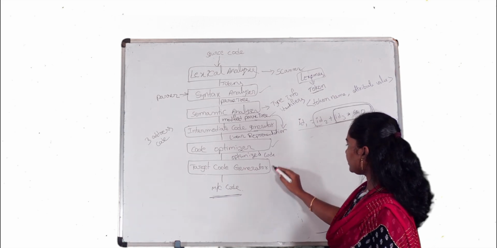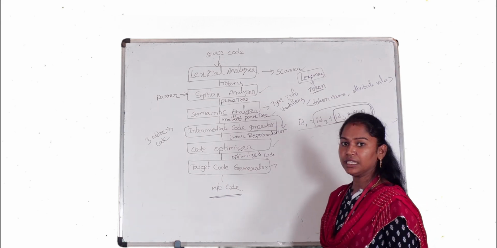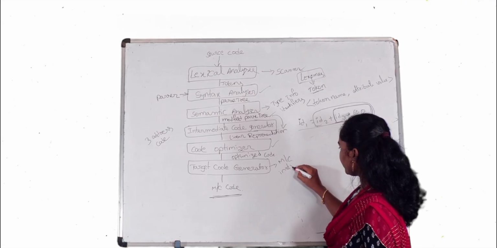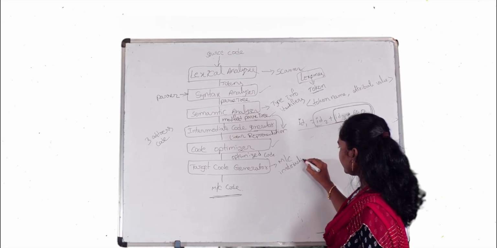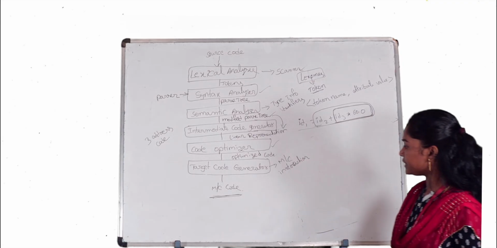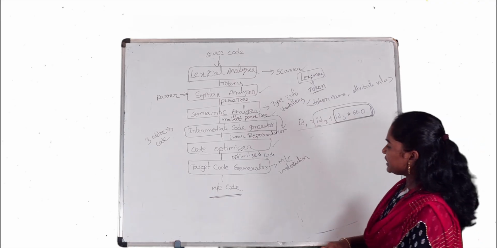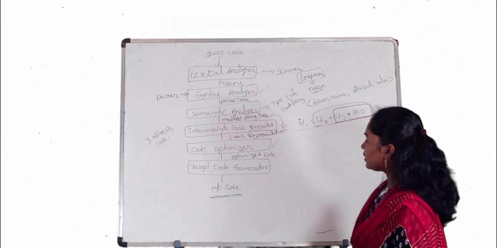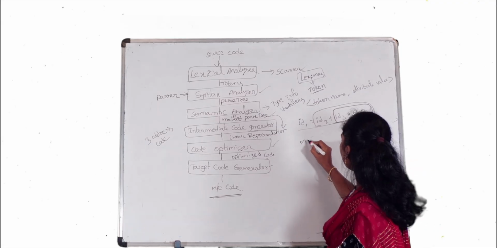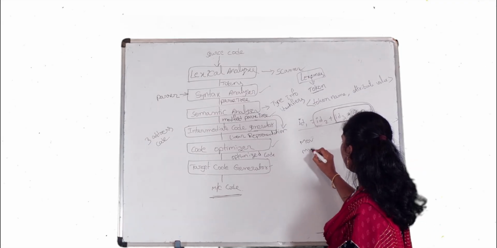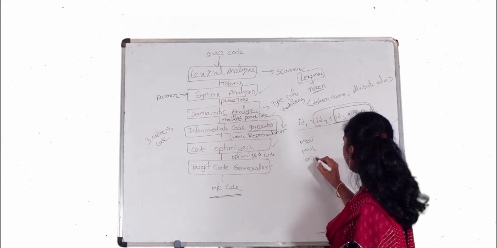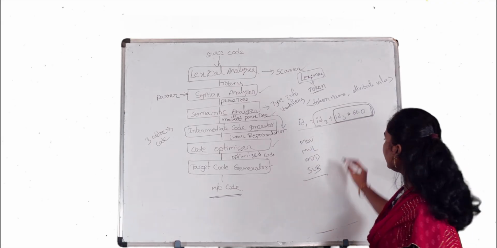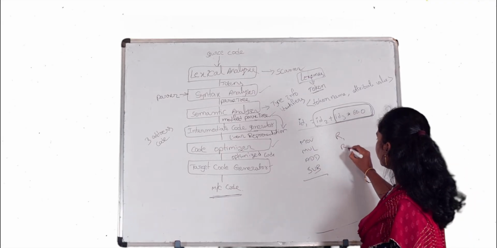This target code generator output can be represented in terms of machine instructions. How do we represent them? By using move, mul, add, sub, and the registers R1, R2, R3.